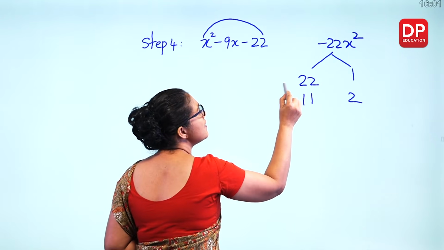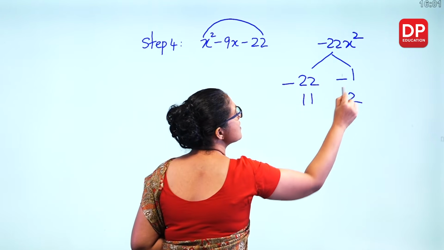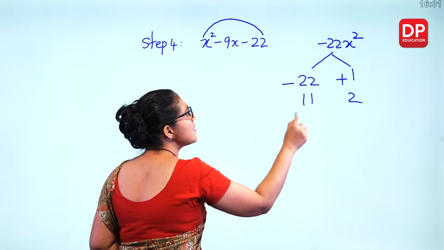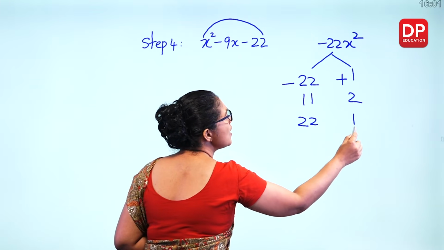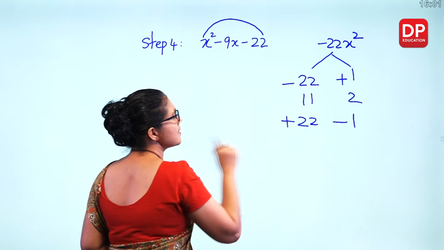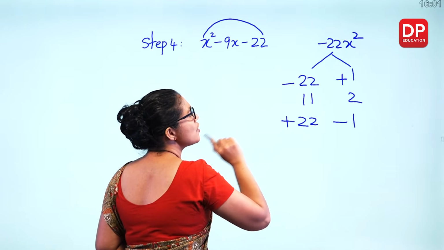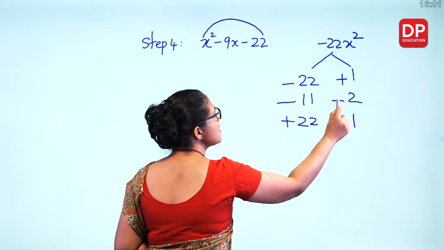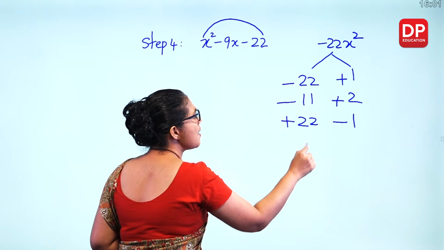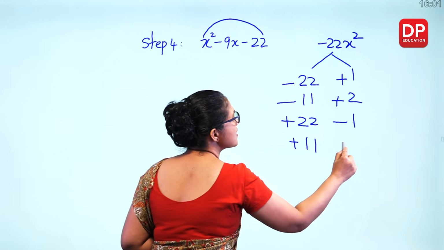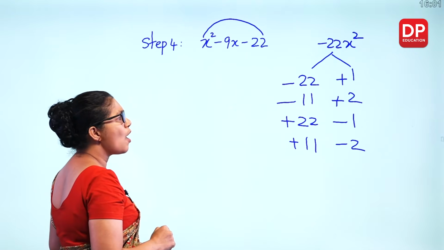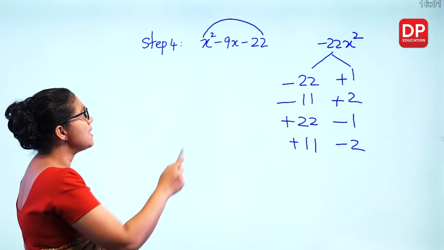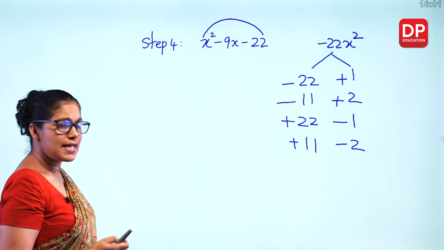So I'll take this one negative and this one positive. I can write the same factors with opposite signs. And now see whether you are getting the middle term. The middle term is minus 9.